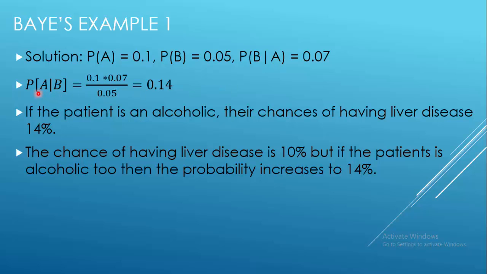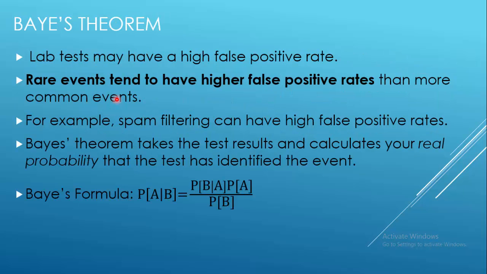So probability of A given B, that you have got liver disease given that you are alcoholic, is what? 0.1 multiplied by 0.07 divided by 0.05. We have just plugged in the values in this formula.